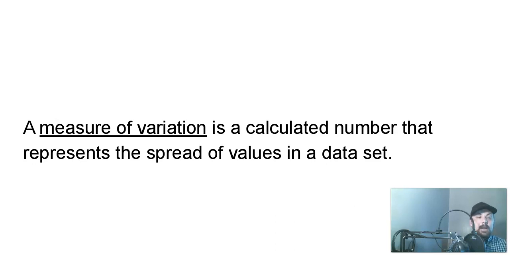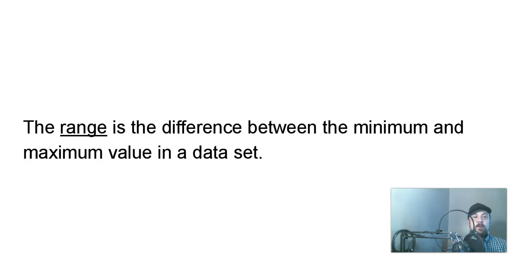So how can we calculate the way the numbers are spread out? Well, a very simple thing you can do is to find the range of your data set, which is the difference between the minimum and maximum value. Not to be confused with the mid-range, which is the number halfway in between the minimum and the maximum.